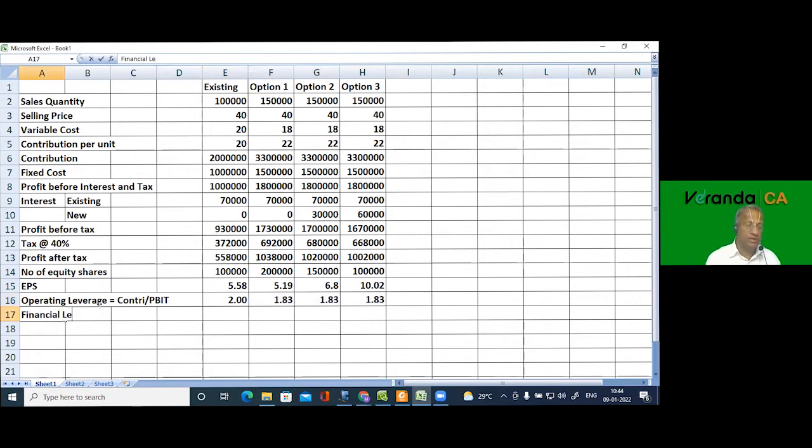Then financial leverage. Financial leverage is PBIT divided by PBT. PBIT divided by PBT.